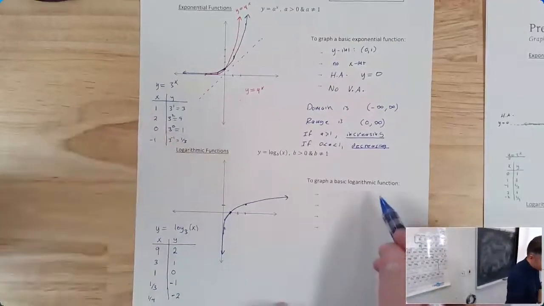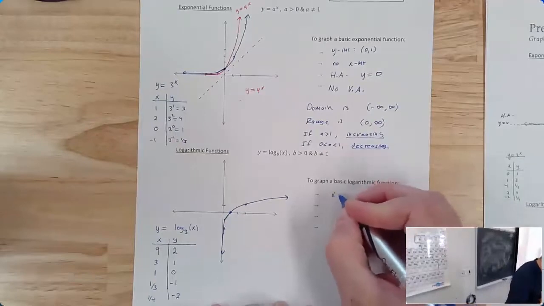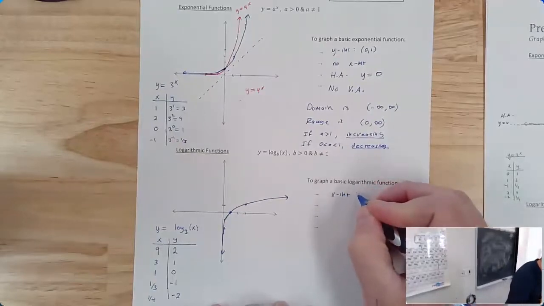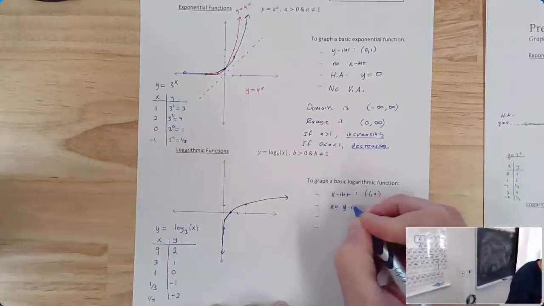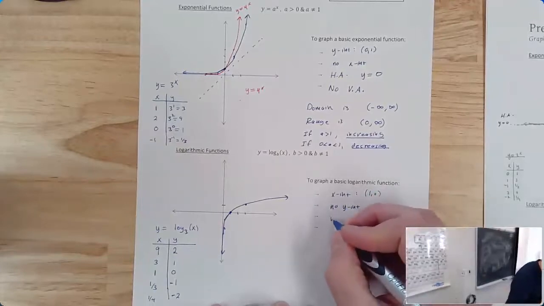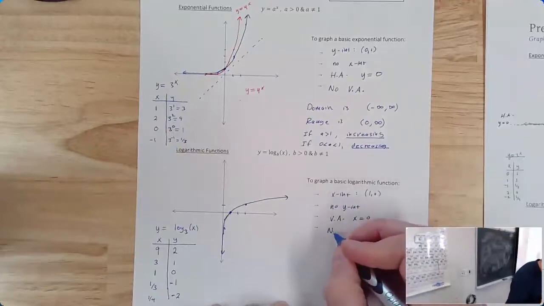The things I would think about if I was graphing a logarithmic function in general is the x-intercept is going to be 1, 0. You're going to get no y-intercept. You're going to get a vertical asymptote of x equals 0, and you're going to get no horizontal asymptote.